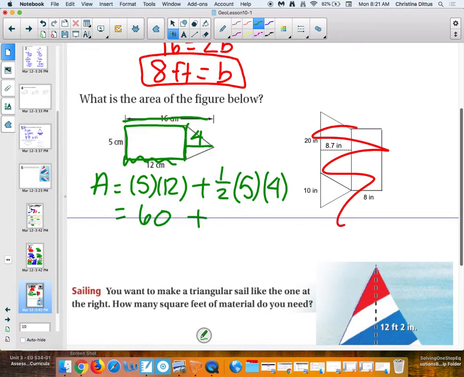So what do I got just for my triangle area? 10, thank you. So the total area is how much? 70, and then when I label, what should my label be if I'm talking area? Centimeters squared, good. Whenever you have area, you have to square your unit.